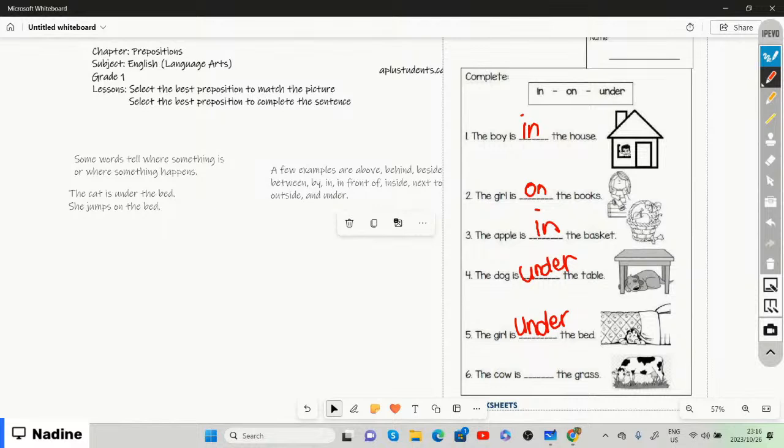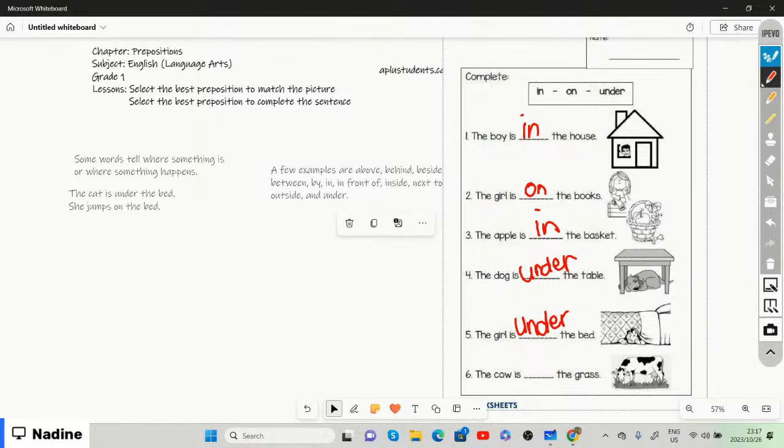The cow is the grass. The cow is on the grass, in the grass, or under the grass. So we can say the cow is in the grass, on the grass.